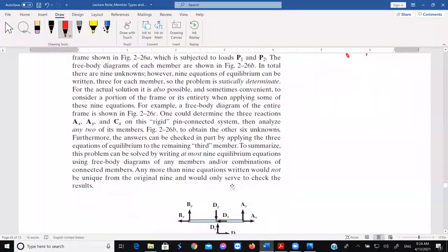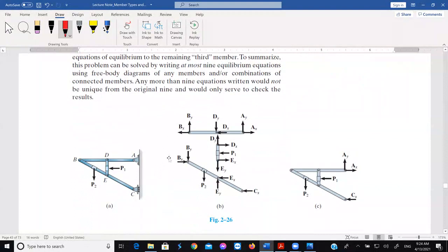Let me go through this structure a bit. Here you can see this structure has three members. It's like a scissor form, and it has two supports. The top one at A is a hinge and the bottom one at C is a roller.